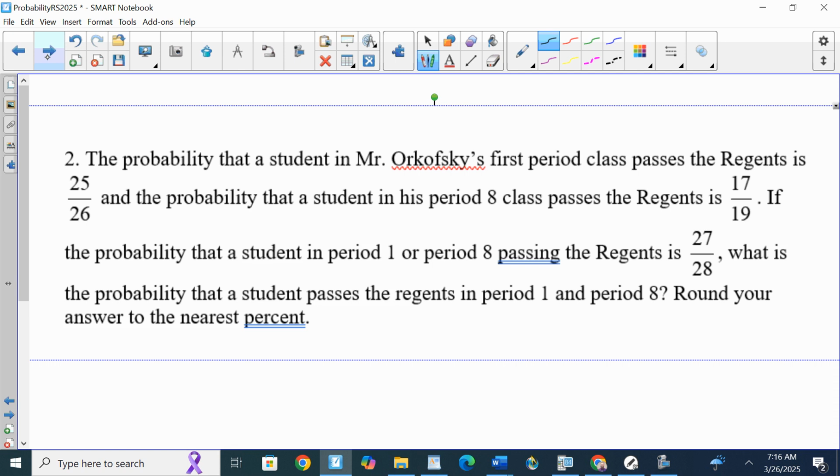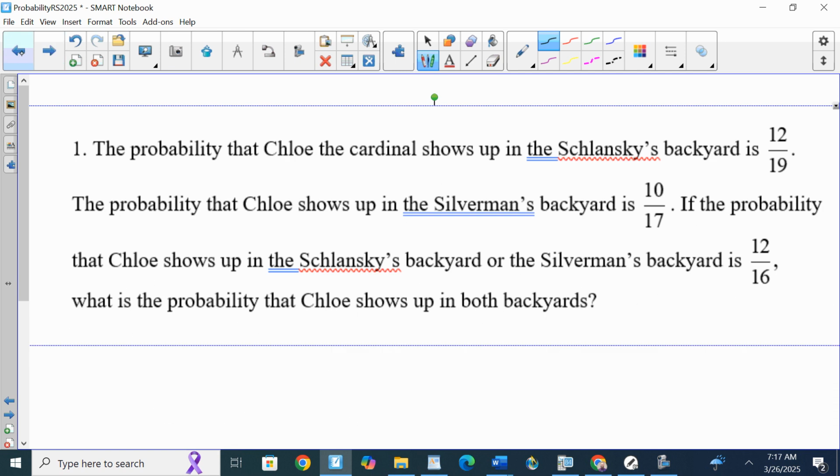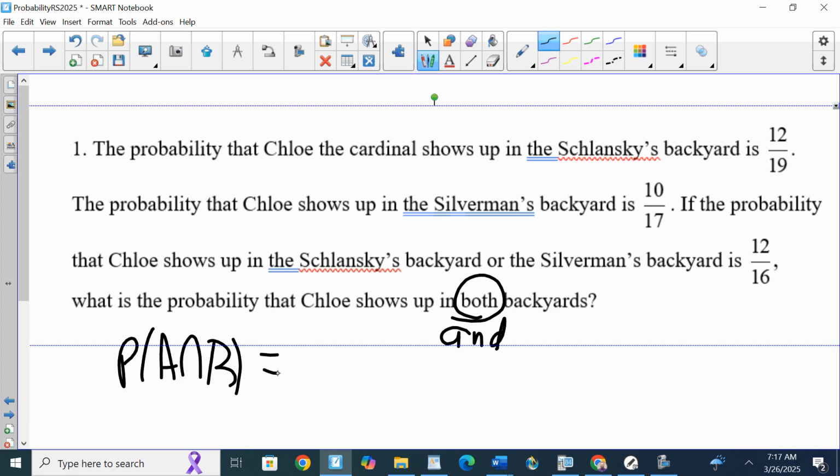So number one, when it says what's the probability that Chloe shows up in both, well, both means and. So P of A and B equals. Does it say anything about independent in the problem?